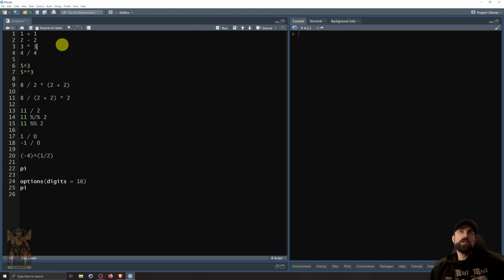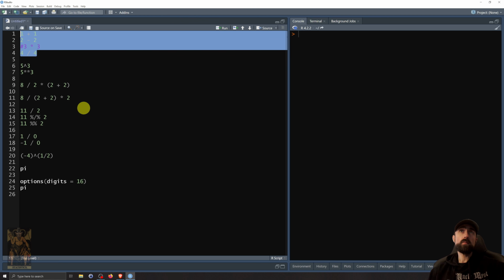If you type a hashtag symbol, like so, any code that follows that hashtag symbol and is basically on the same line as it will not be run. So if we select all 4 lines here and we run them, you'll notice this third line didn't actually run. It has no output.